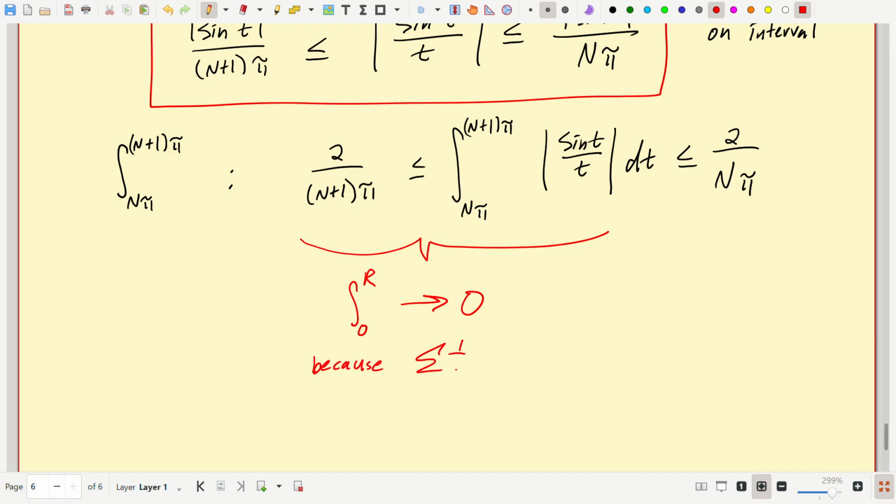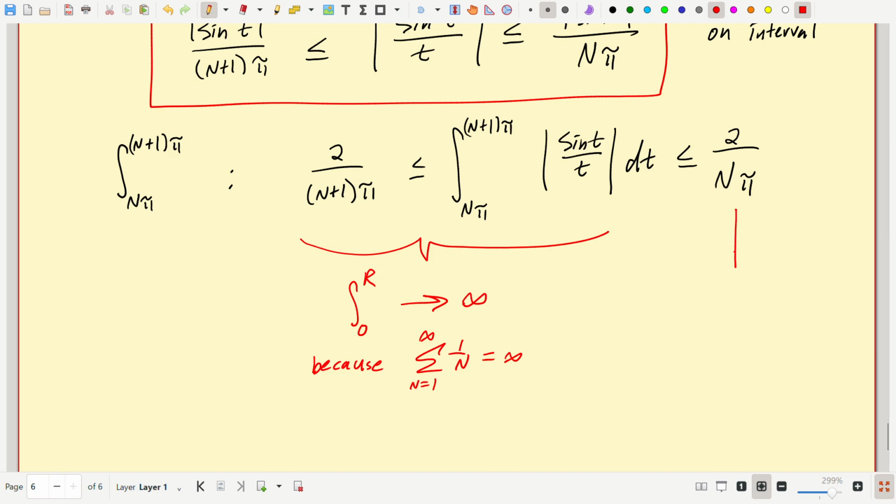The summation of 1 over n going from 1 to infinity is the famous harmonic sequence that diverges. And the right-hand side just shows it goes to infinity at exactly the same rate.